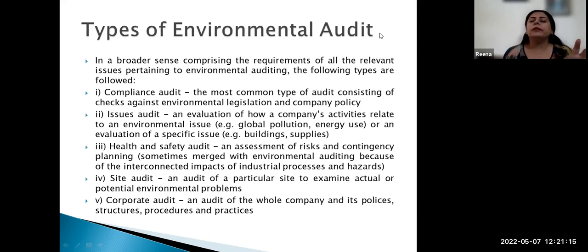For example, health and safety audit is important for every kind of industry, but the detailed activities can differ between a chemical production facility and a call center. So there will be different kinds of contingency planning for different kinds of industries and activities.